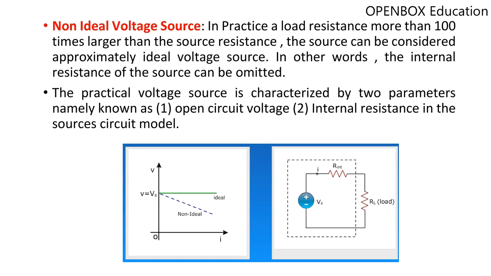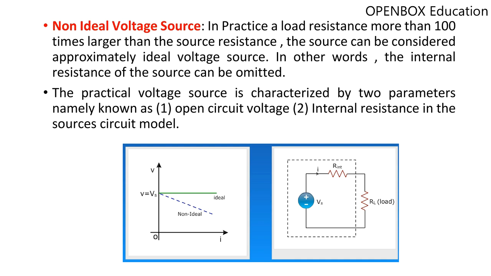Non-ideal voltage source. In practice, when a load resistance is more than 100 times larger than the source resistance, the source can be considered approximately as an ideal voltage source. In other words, the internal resistance of the source can be omitted.